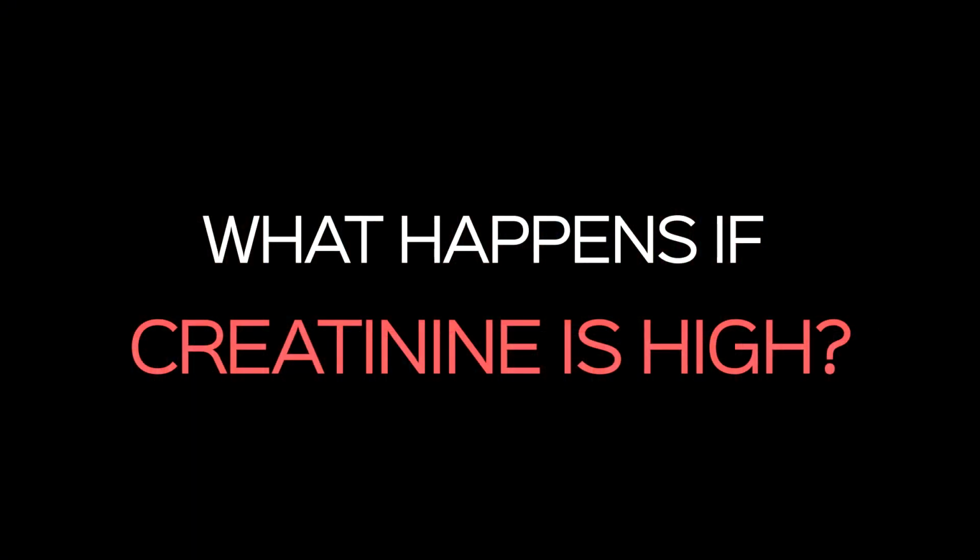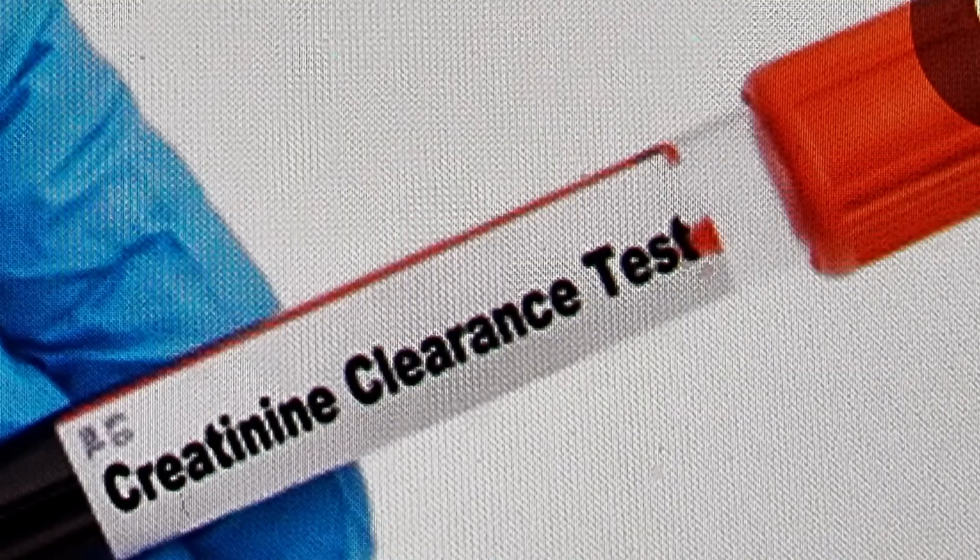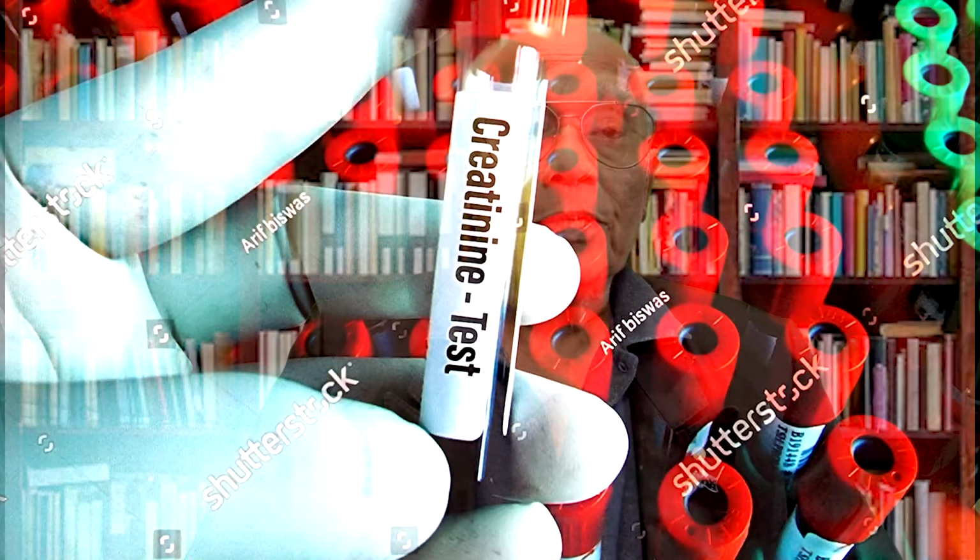What happens if creatinine is high? High creatinine levels in the blood or urine indicate that the kidneys are not effectively filtering the blood. Creatinine levels are not life-threatening but may indicate a severe health issue such as chronic kidney disease. A routine blood test can measure creatinine levels in your blood.